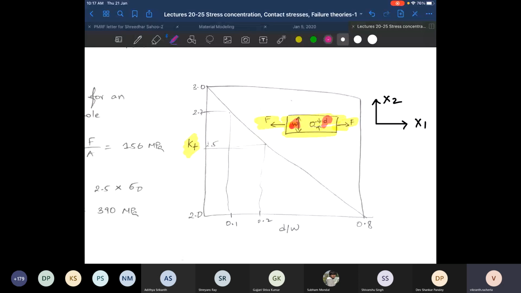So you can see that it will depend on the ratio of the diameter of the hole to the width of the plate. When will the stress concentration factor be highest?